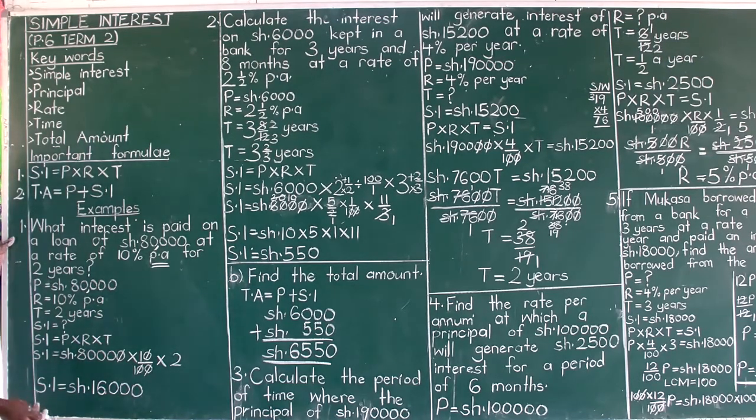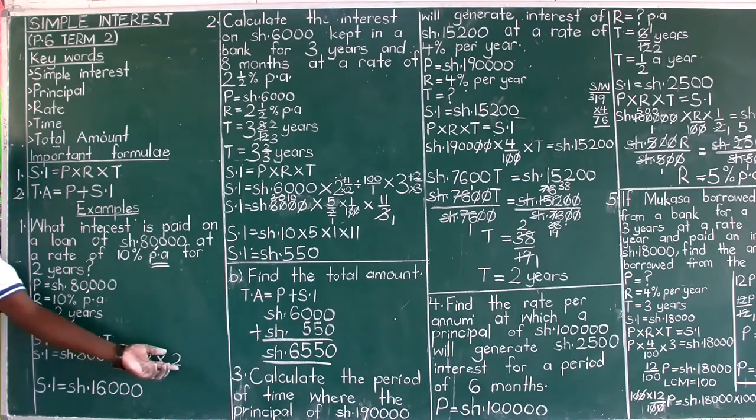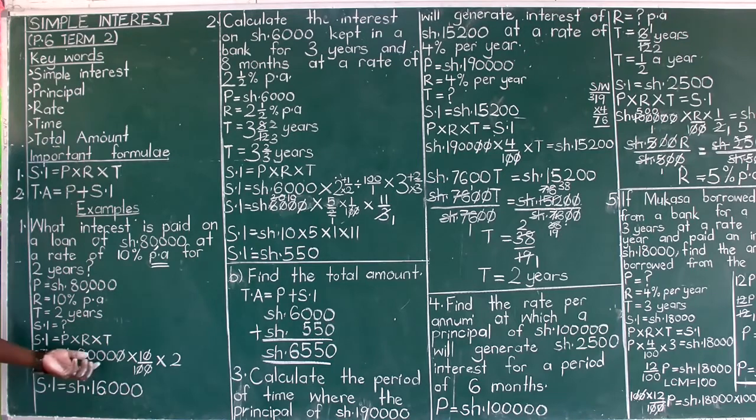So we cancel now. Wherever we cancel zeros, we divide by 10. So by 10 once, by 10 again, you get 8,000. So we've got 8,000 times 2 remaining to get the simple interest, where 8 times 2 is 16. Then add the 3 zeros. So the simple interest will be 16,000 shillings.